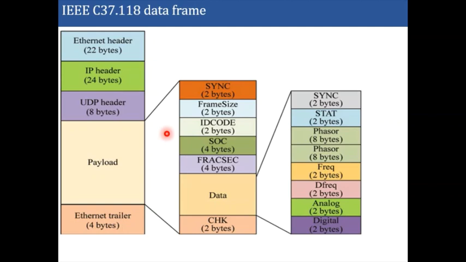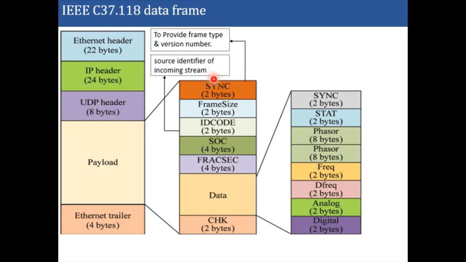Now, what are the various components of the C37.118 frame? First 2 bytes correspond to sync. Sync is required to provide frame type and version number. Then we have frame size to define what will be the size of the frame.